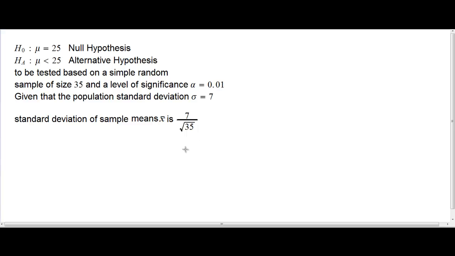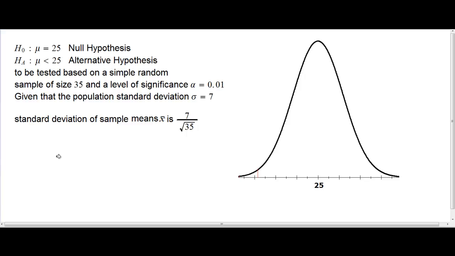Now in this case our decision rule is going to be different. We shall reject the null if the sample mean falls on the left of this value, where the tail area is 0.01.